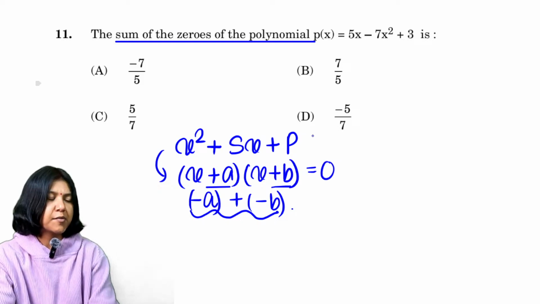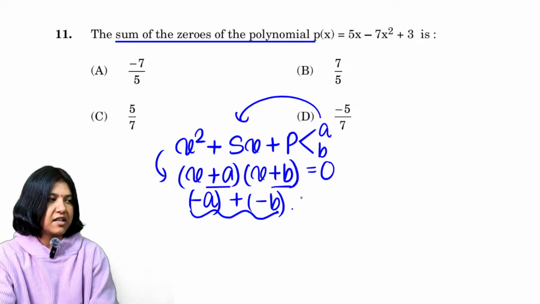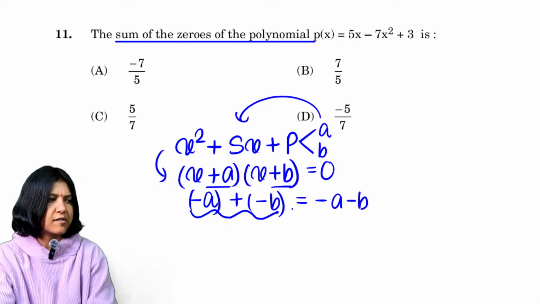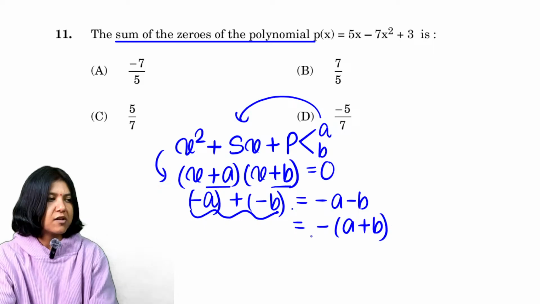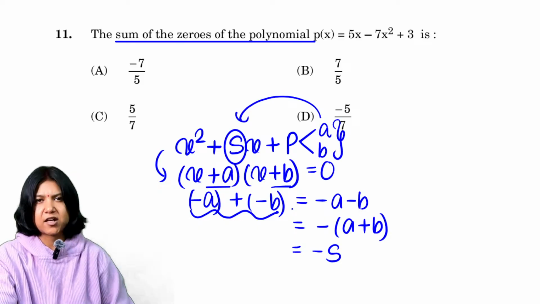And now you remember what I did was I took the two values a and b, right? Their product was equal to the last term while their sum was equal to this. But if I take the sum of the zeros, then it has to be minus a minus b, which is negative of a plus b, which means it should be negative of the middle value s, because as I told you, this s here represents the sum of the two numbers that you have considered.